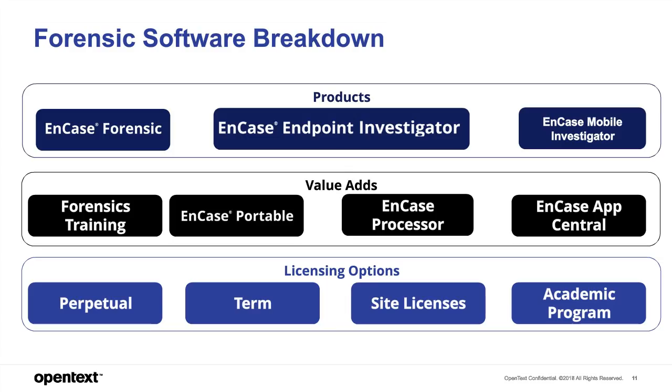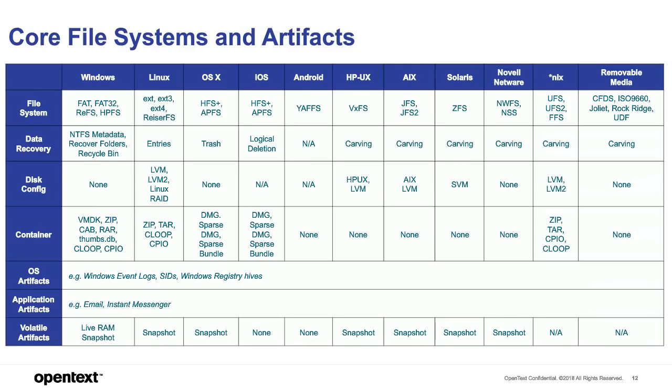And finally, EnCase App Central. This has a variety of EnScripts, which are primarily community-driven and help extend EnCase. And finally, licensing. We have various options from perpetual to term to site and academic programs.